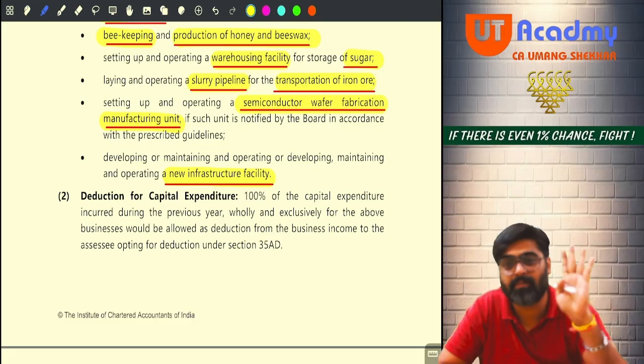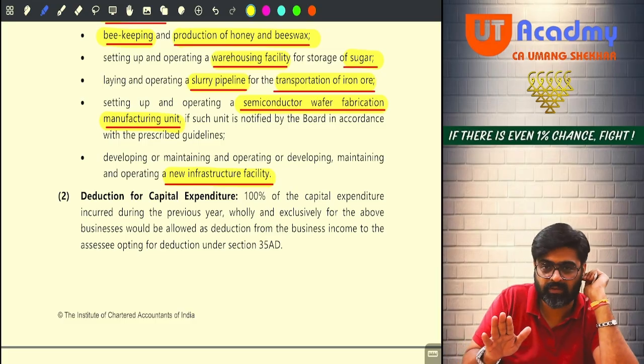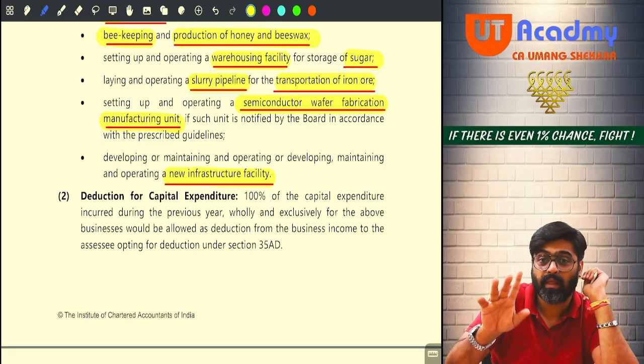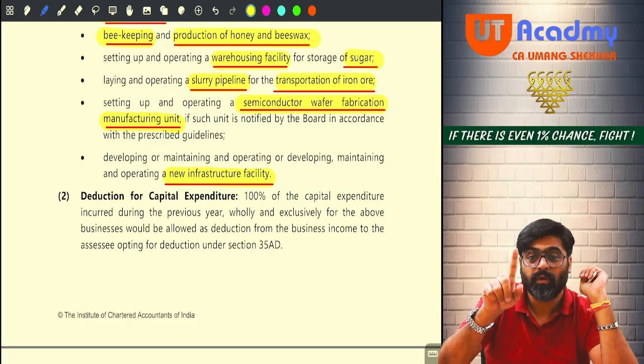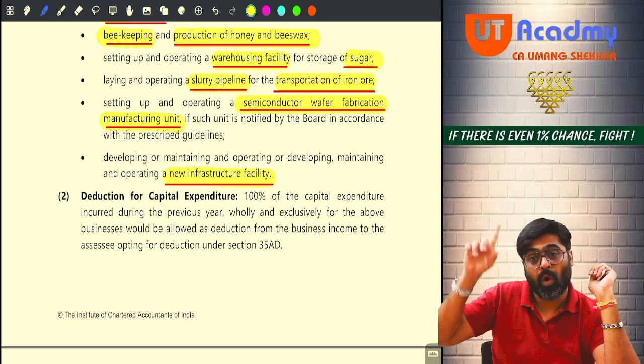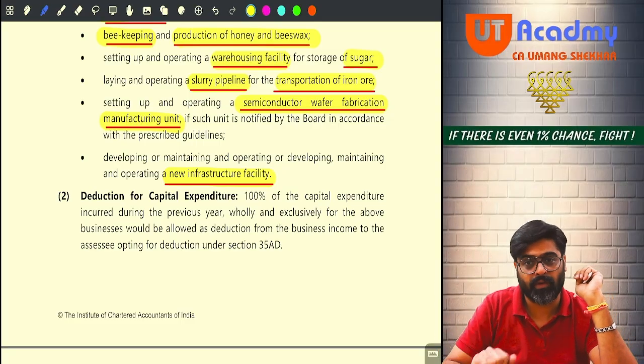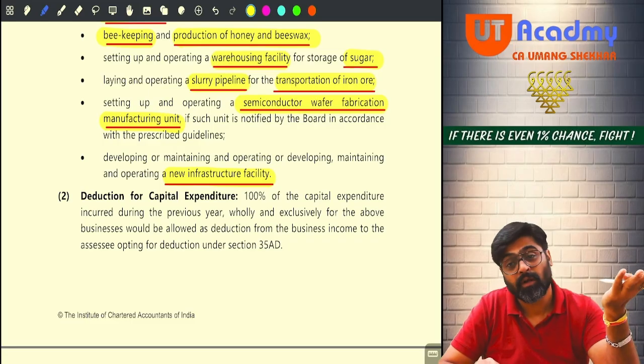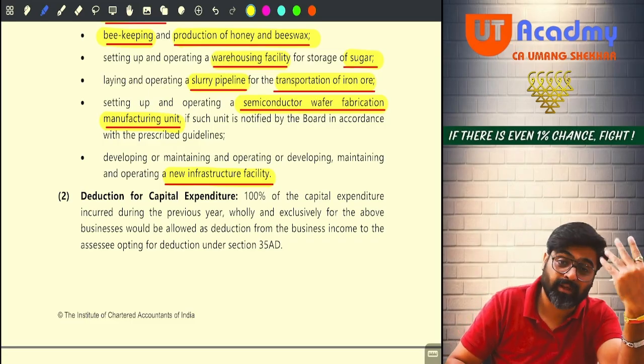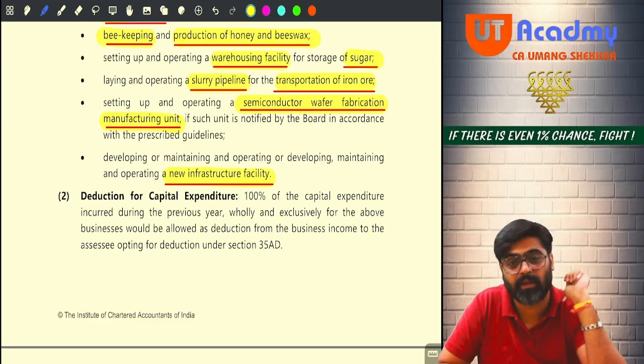All the three things are done by you only. Either you are in the business of developing only, or maintaining only, or operating only, or you are in the business of developing, operating as well as maintaining.